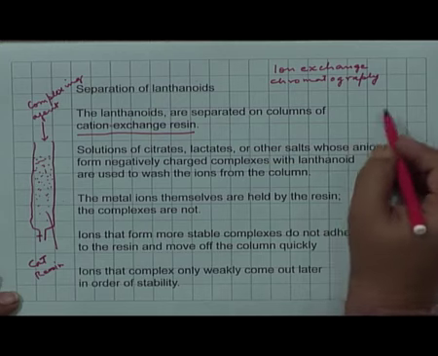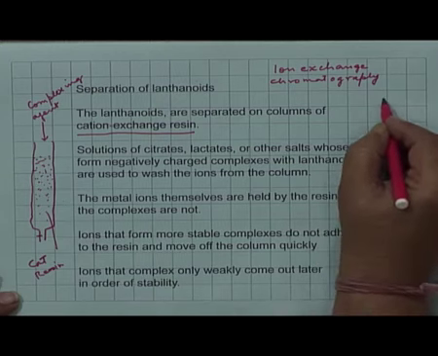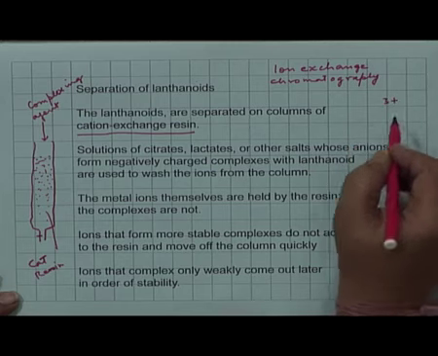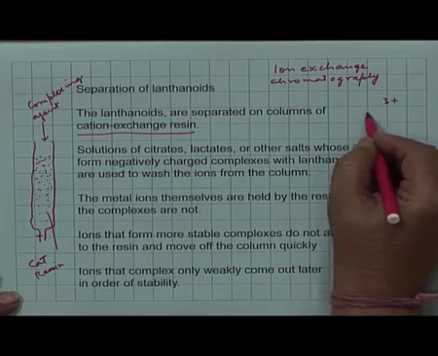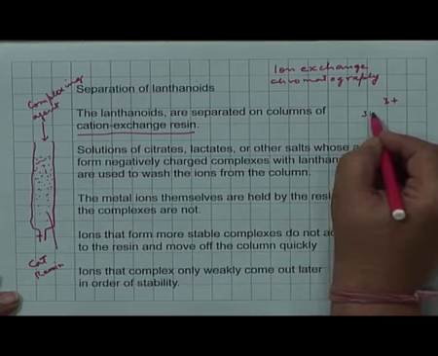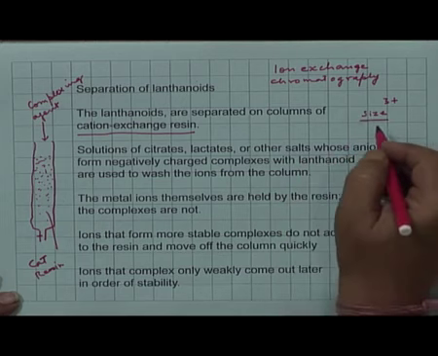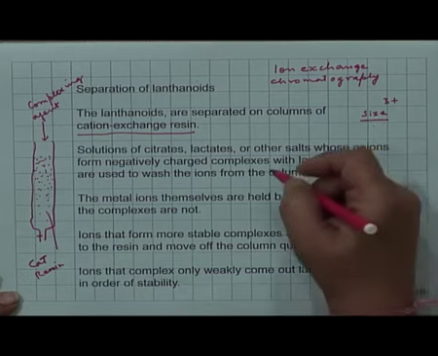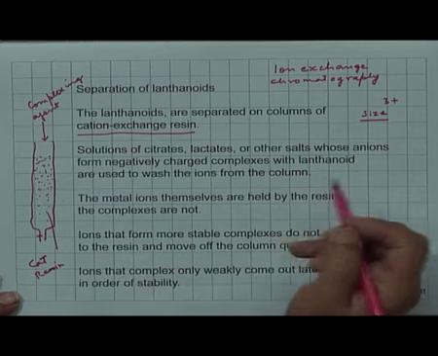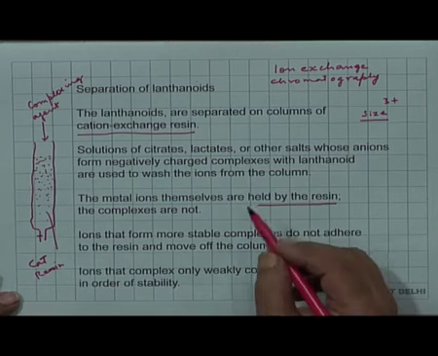Lanthanides are very similar in charge, which is generally 3 plus. Because of lanthanide contraction, they are also very similar in size, but in spite of that the difference in size is enough for making complexes of different stability. Now, once a complex is formed, it cannot be held by the resin, it will come out.